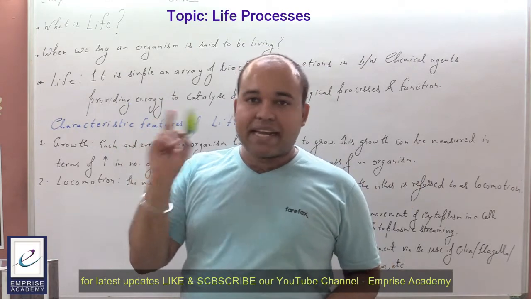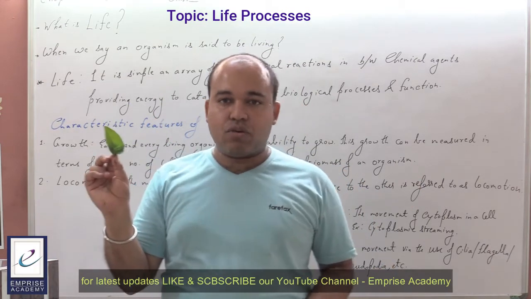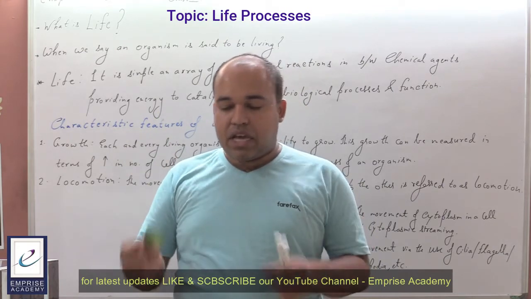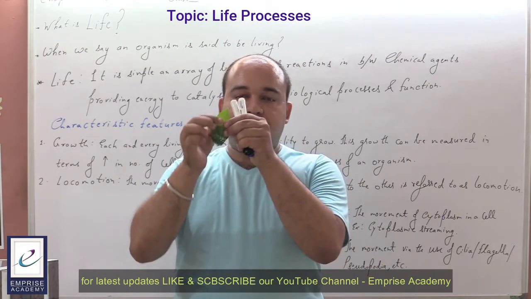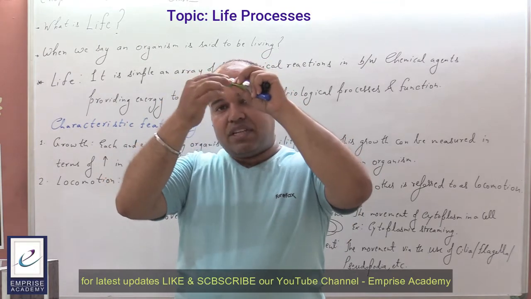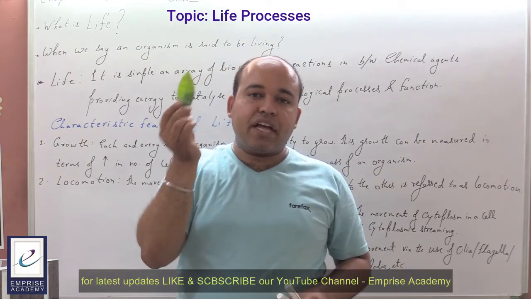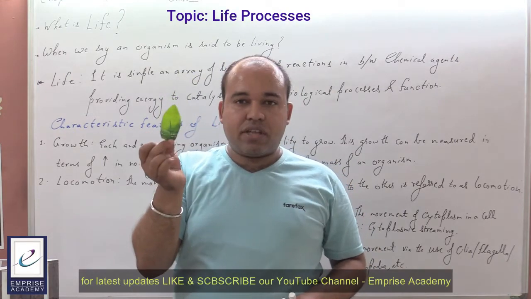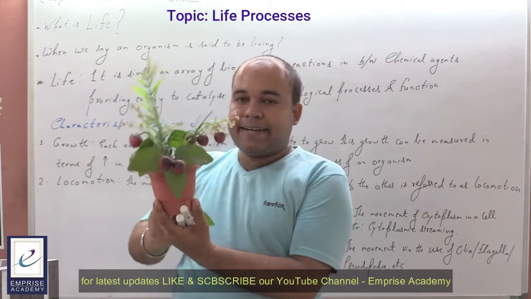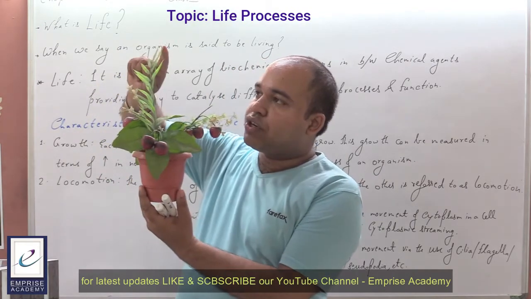Now, the second key characteristic feature is locomotion. This leaf cannot move from one location to another. But there are veins present, and through these the materials are transferred across the plant body from the roots to the shoot tip.